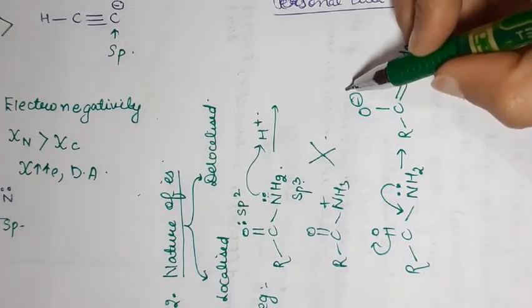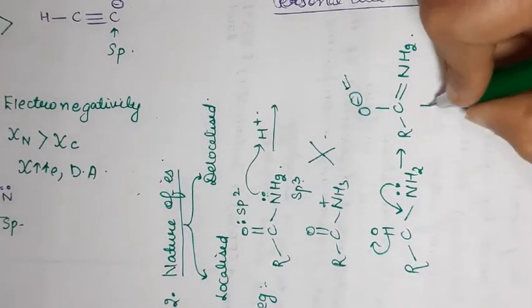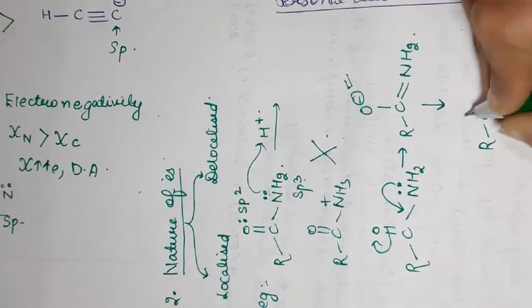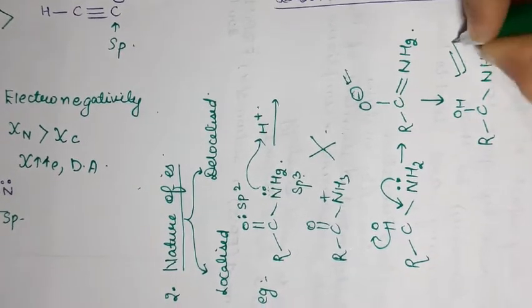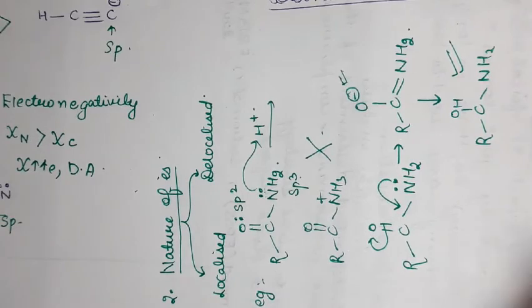So this oxygen will be protonated and form this compound. Okay, this is another factor which decides which atom will donate and which will not. So now the question arises, how will we see that?